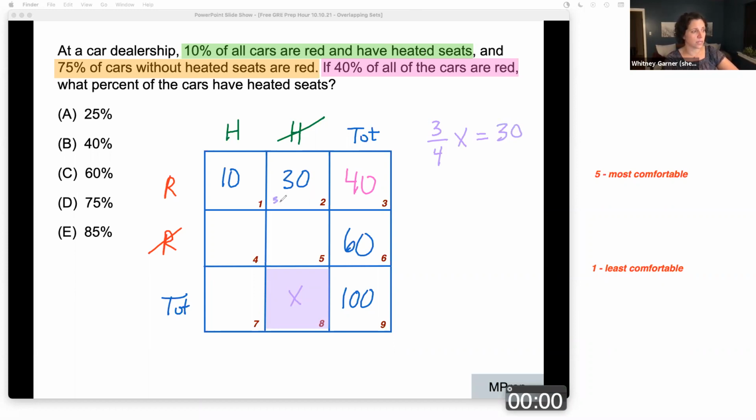This is 3/4 or 75% of whatever this number is. Now, I could sit here and do this algebra, but I want to take just a moment to think. If this is 3/4, we'll write it out this way, 75%.